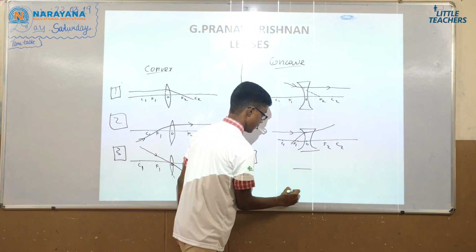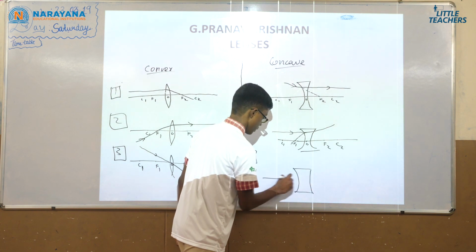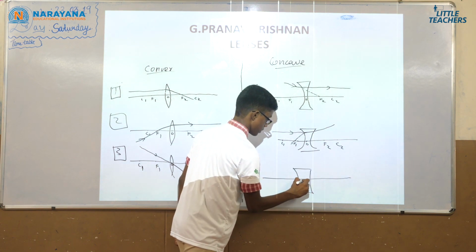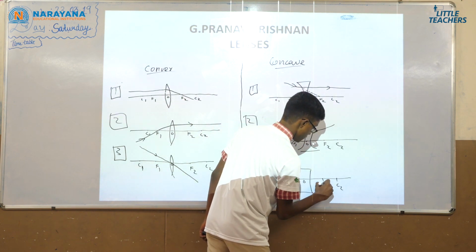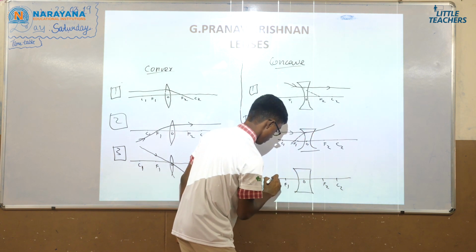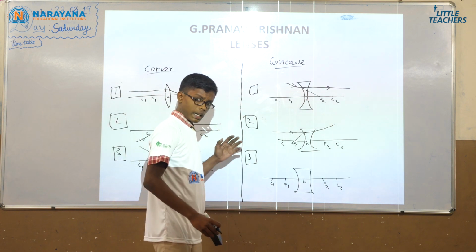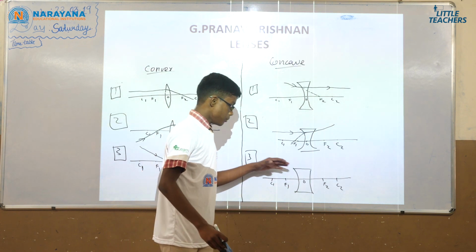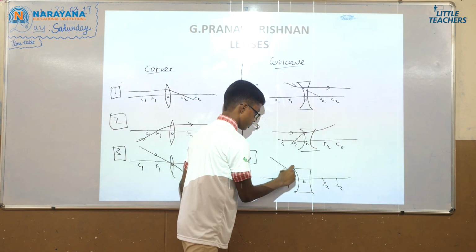So now let's go to the third type of light ray which is incident on the lens. Take the lens again. Take a principal axis, optical center, center of curvature 2, focus 2, focus 1, and center of curvature 1. Now consider a light ray which is directly emitted towards the optical center.